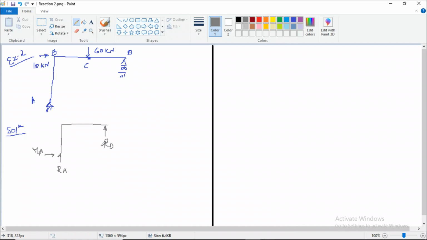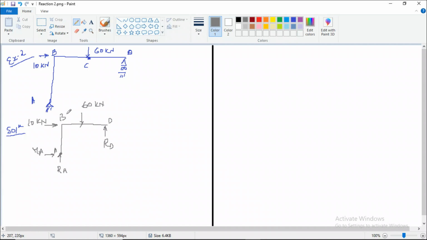So RA, HA and RD are the reactions that support points A and D respectively. Right, so this is point A, B, D. There is a point load here, 60, and there is a horizontal load here, that is 10 kilonewton.